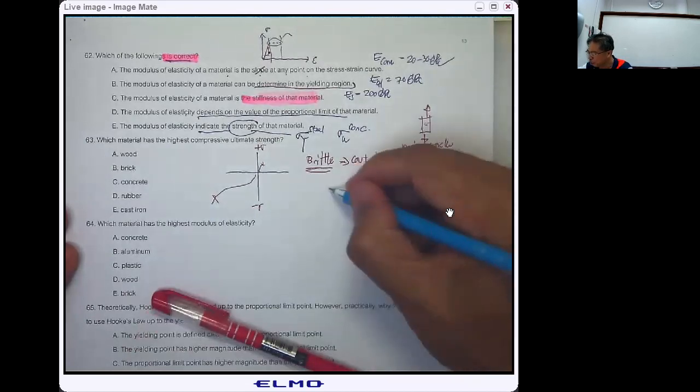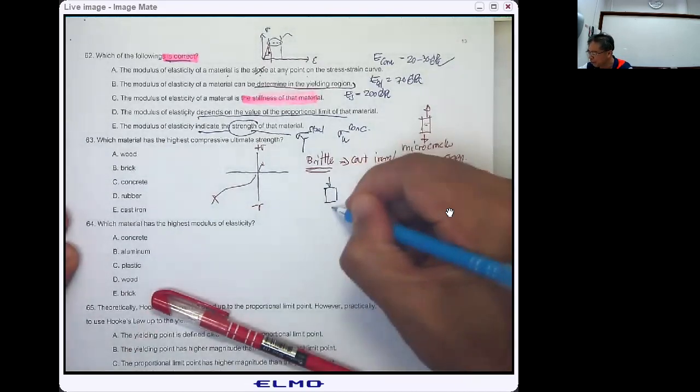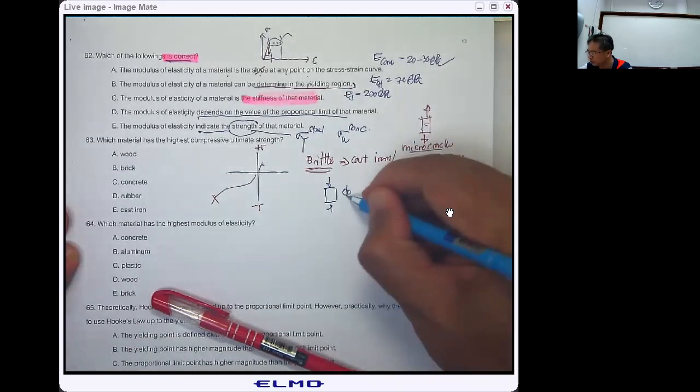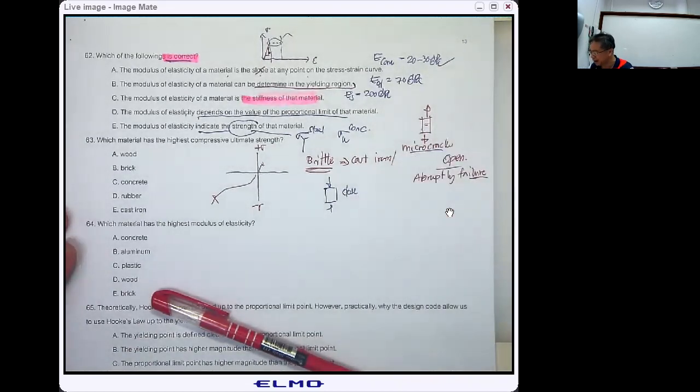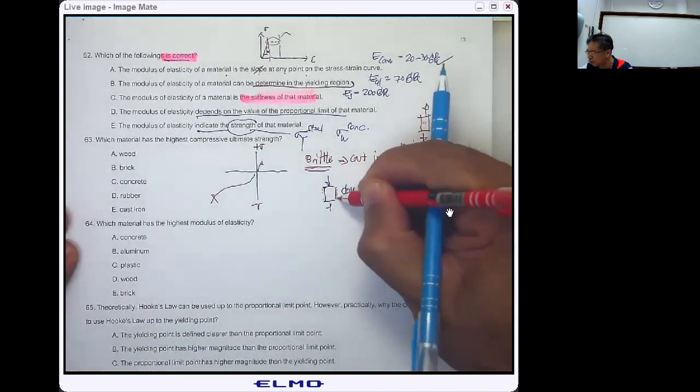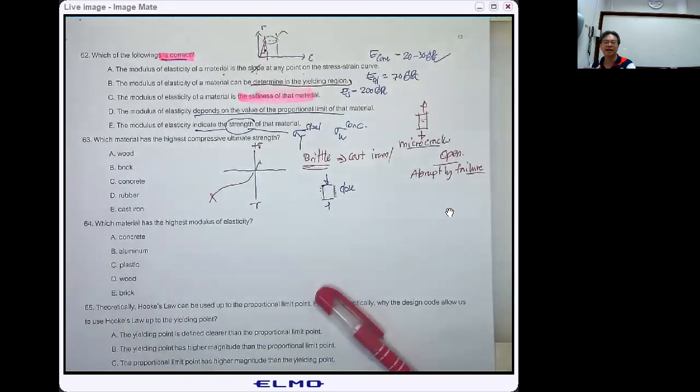However, when you put the cast iron in compression, the micro cracks close to each other, and then there is the Poisson effect that's going to expand the specimen a little bit.